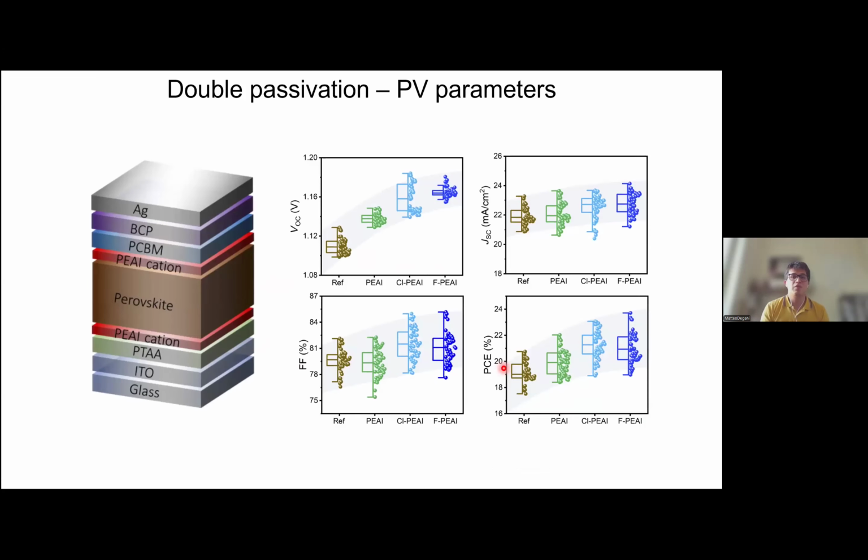And looking at the PV parameters, we can observe that there is an enhancement in all the PV parameters, since the VOC increases as well as the current and the fill factor. And this can be related to both effects. So the perovskite solution sticks nice and well, and also we are passivating the defects with the top treatment.